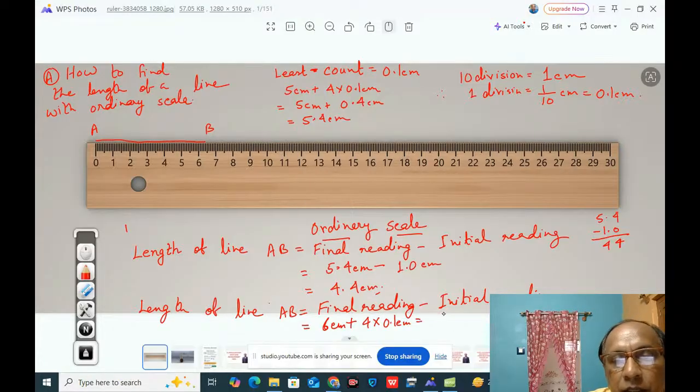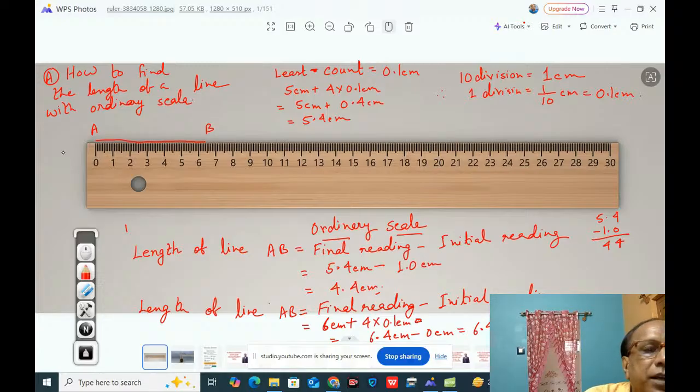Therefore, the final reading is 6.4 centimeter. And what is the initial reading? Initial reading is 0 centimeter. Therefore, we got the value 6.4 centimeter. This is the actual value of this line, right?